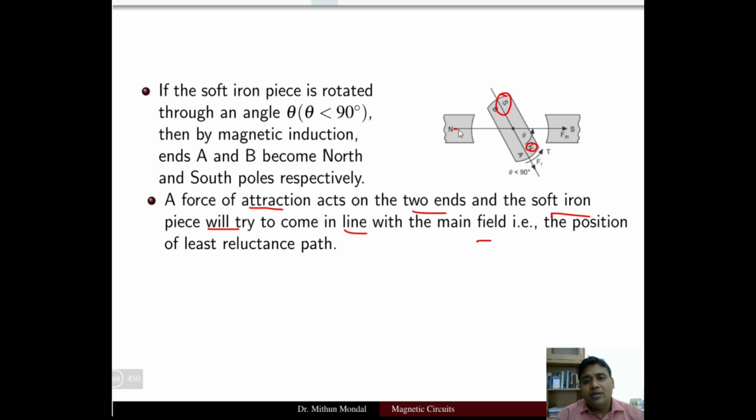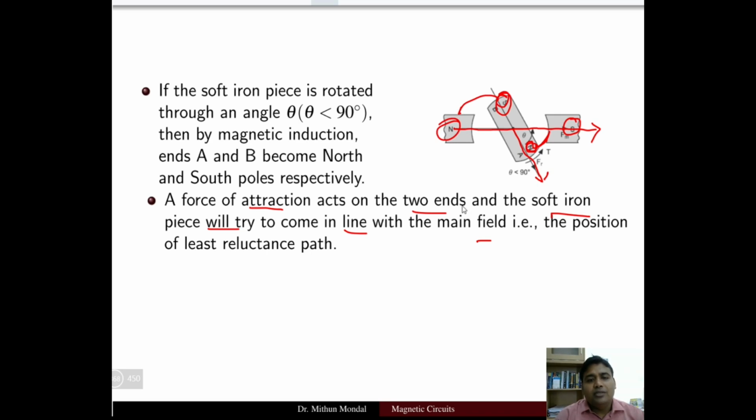The main field is in the north-south pole direction for the permanent magnet, and this is the field direction for the soft iron piece. Force of attraction will be there because here we have a north pole and here you have a south pole of the permanent magnet. So there will be a force of attraction in this case, and here you have a south pole and here you have a north pole, so there will be a force of attraction.